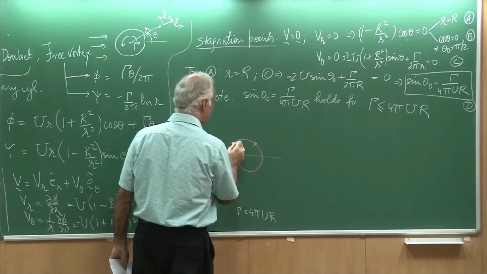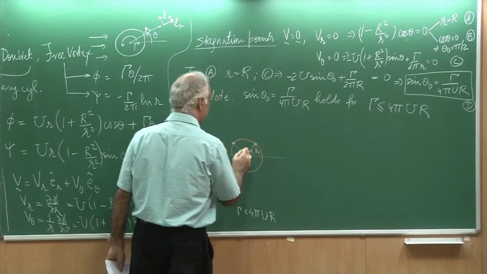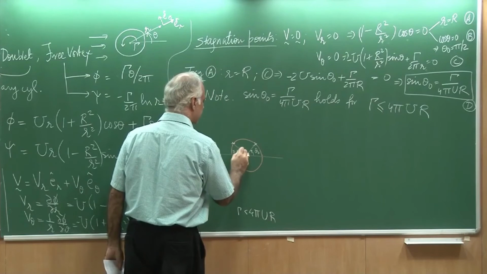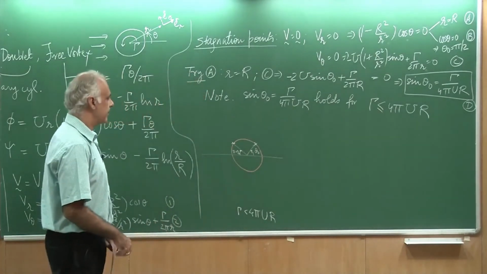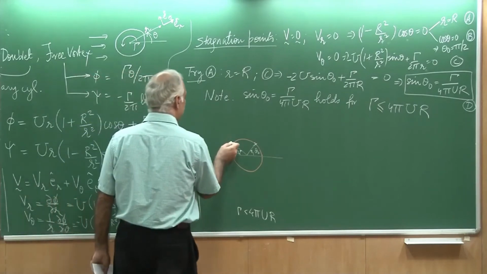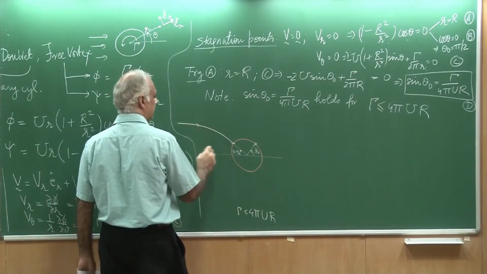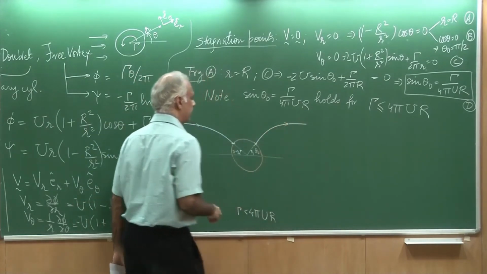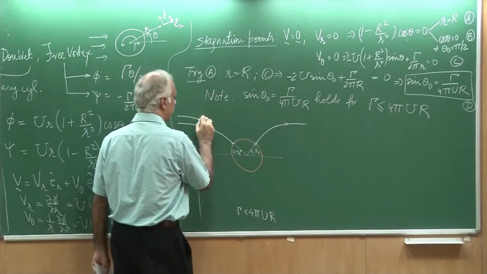The stagnation points are at theta naught and of course pi minus theta naught. This is how a streamline would look like. And over here.